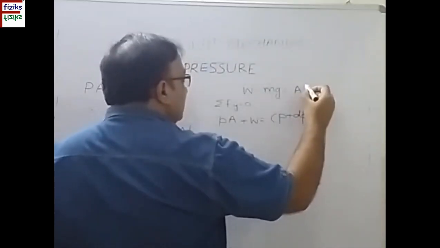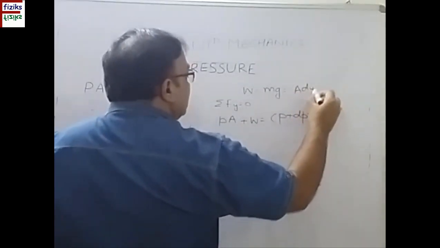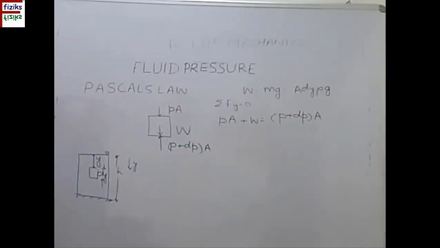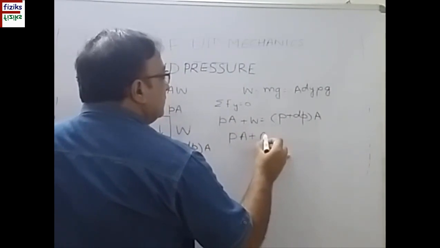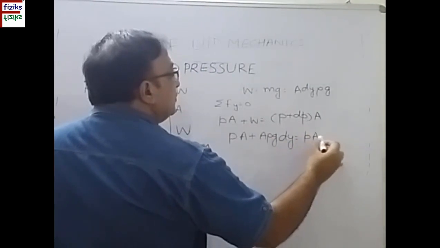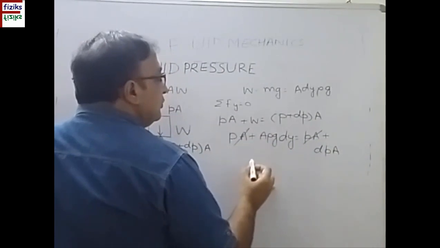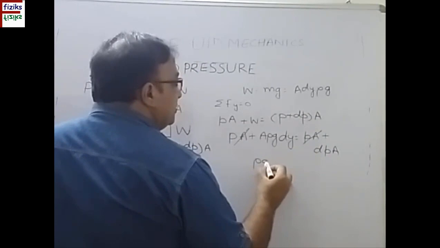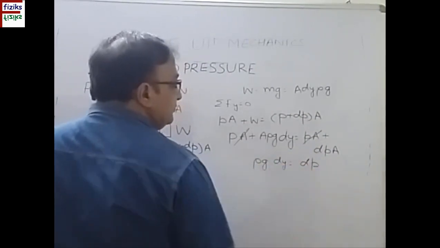Area of cross section multiplied by dy, this is the volume. So this becomes, or we can write that rho G dy equal to dP.